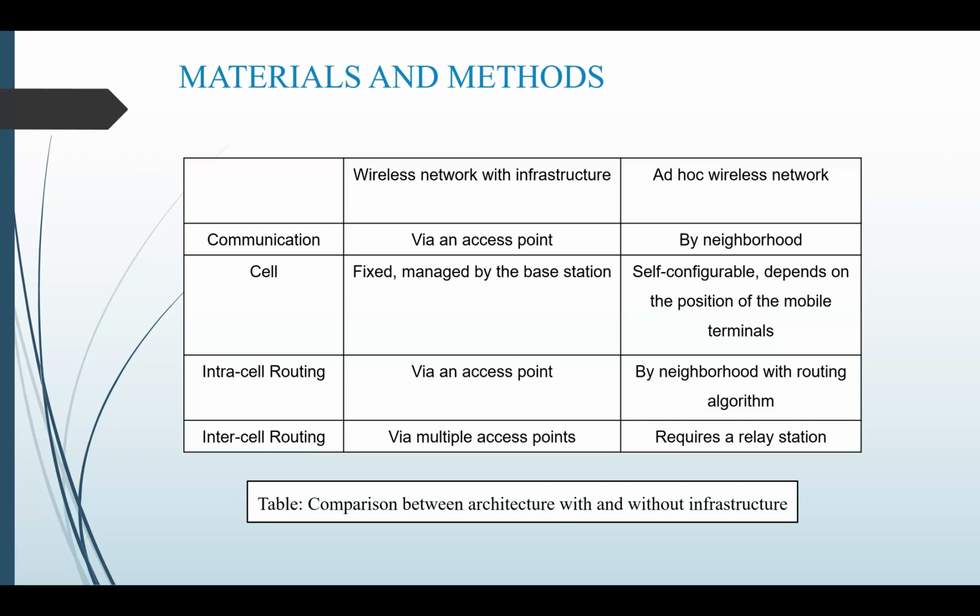And with infrastructure, it is fixed, managed by the base station, while ad hoc is self-configurable and depends on the position of mobile terminals. Intracell routing must be via an access point, by neighbor for ad hoc, and intercell routing must be via multiple access points, requiring only a relay station.